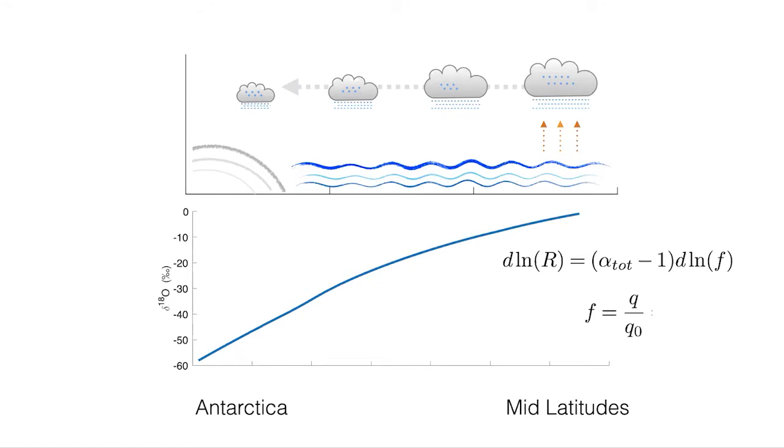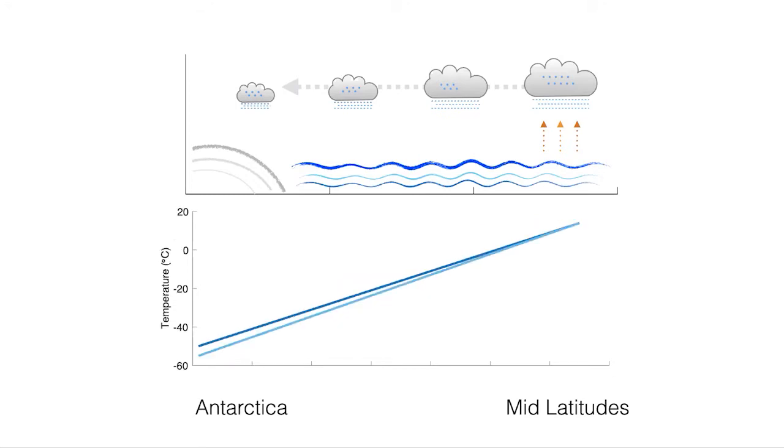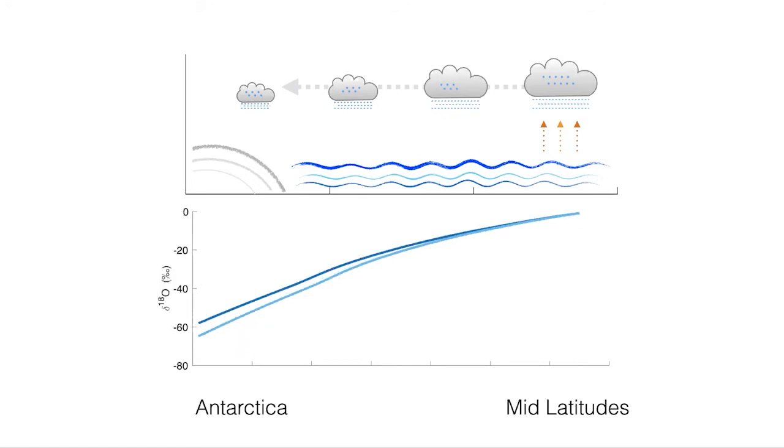So this now gets us almost to why we can use this as a temperature proxy. Imagine if we held everything the same, but cooled down our favorite location in Antarctica. That air parcel would be forced to cool a little bit more to get to the same place, which means it would condense a little bit more, which means it would force the water in it to fractionate a little bit more, and the delta value of the precipitation falling there would go down.